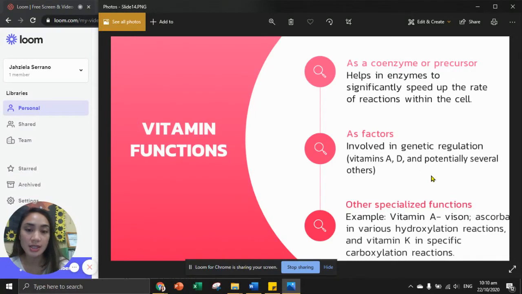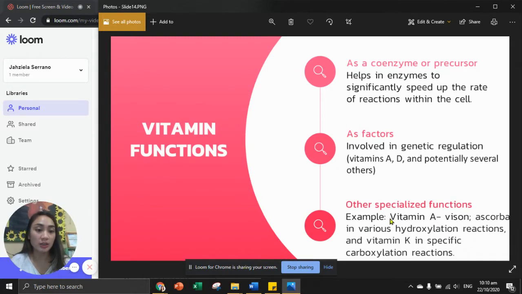Next function is as factors. So they're involved also in genetic regulation, katulad ng vitamins A, D, and of course, potentially other vitamins din. And itong last na function that I will be mentioning are other specialized functions.